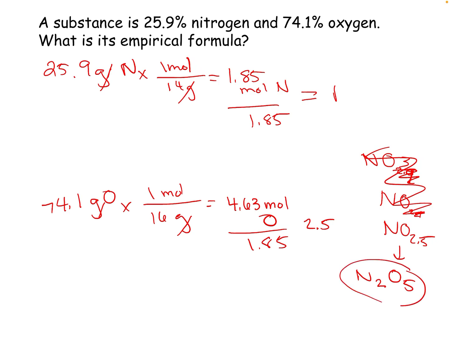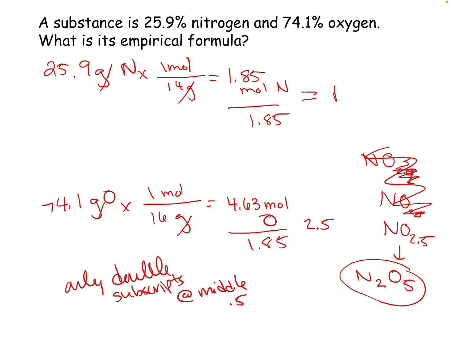That still is the simplest form. So it's still an empirical formula. And remember, you only double the subscripts if you're smack dab in the middle at a 0.5. Otherwise, with your decimals here, you could just round up or round down as necessary.